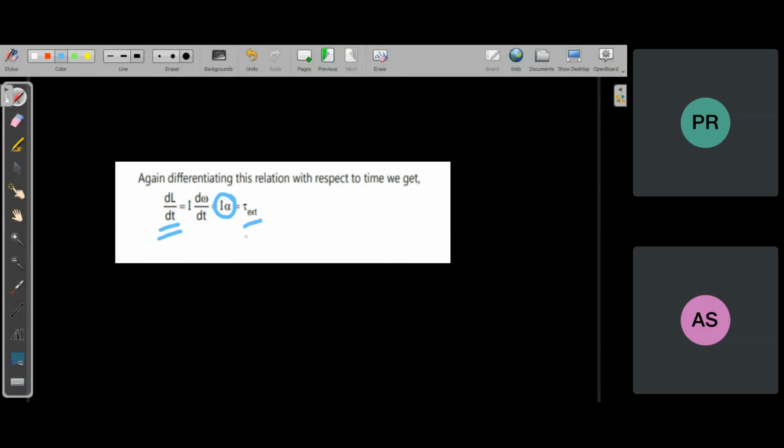So I alpha becomes equal to torque. Now this is a very powerful equation: dL by dt equal to I alpha is equal to external torque. This equation is very, very useful. If you have any doubt in this equation, you can ask. Sir, no doubt, sir, in this equation.